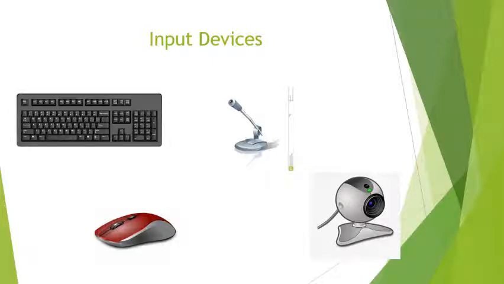Now as I told you that computer works on IPO cycle. So there are input and output devices on a computer. So let us see input devices. Input, it means the devices that we use to give information or commands or instructions to the computer.